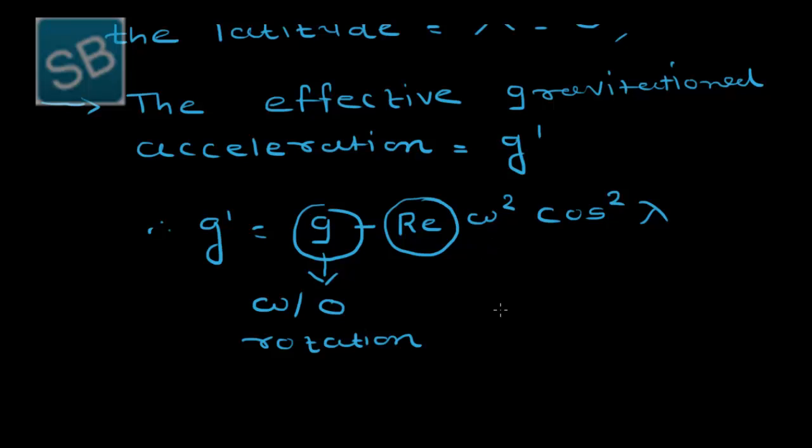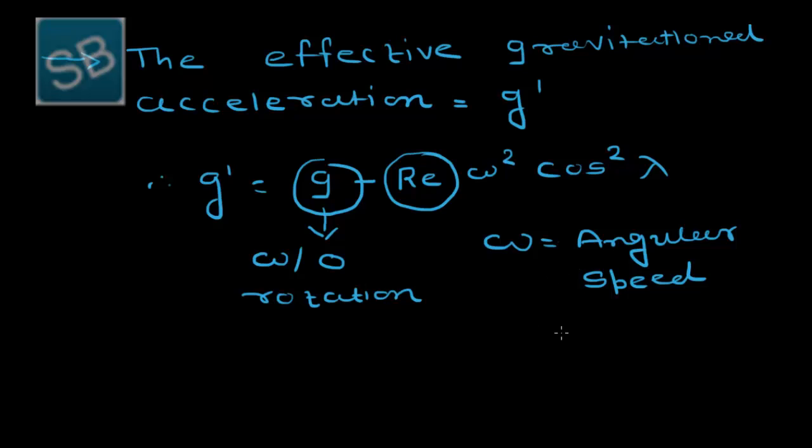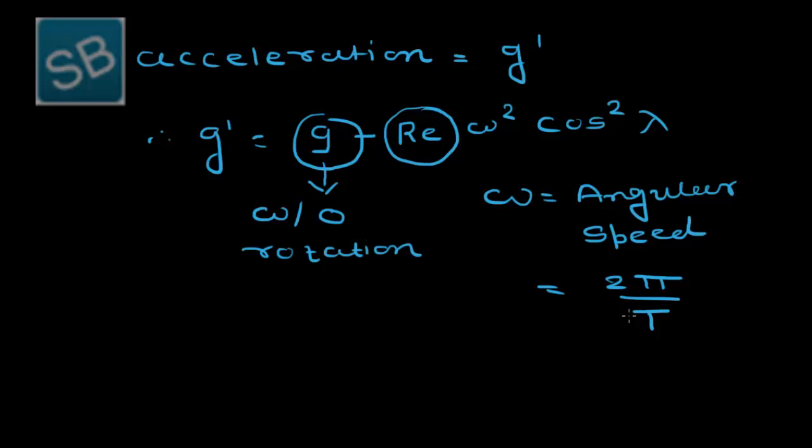And now we have the angular speed of the Earth's rotation, which is related to the time period by omega equal to 2 pi over T. But we want to find the time period T for the condition g dash equal to 0 at the equator.